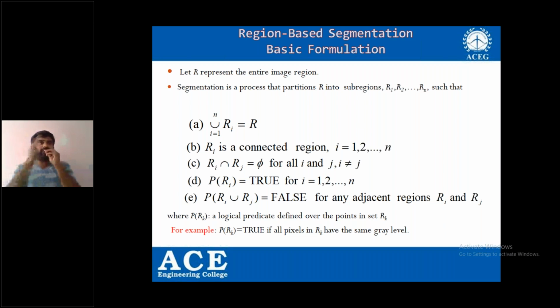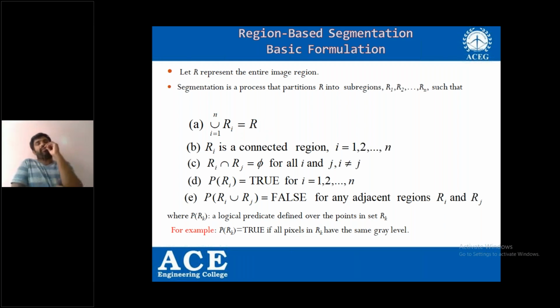For example, if R is the entire image, that image must be segmented into regions R1 to Rn. That is our target here, right? How do you segment the image? If I take the union of all the regions Ri, again it should be equal to the entire R. In that way, you need to separate the regions, right?